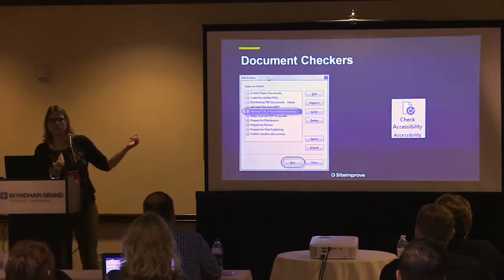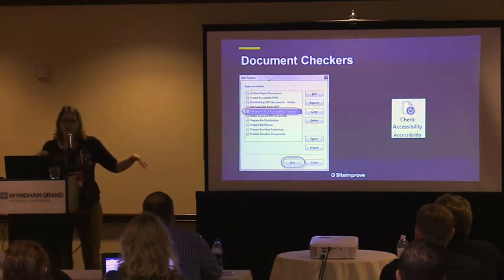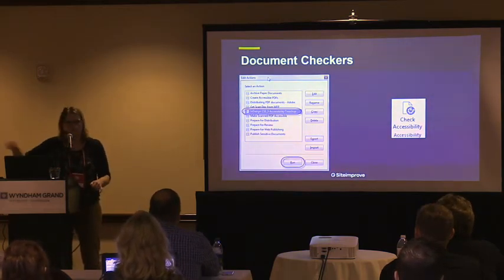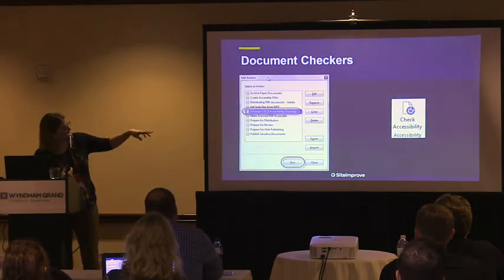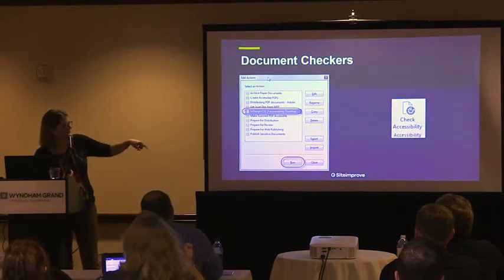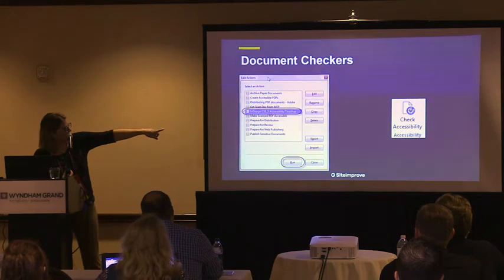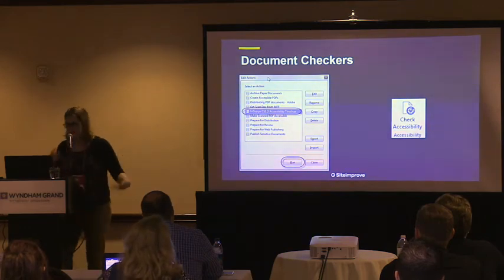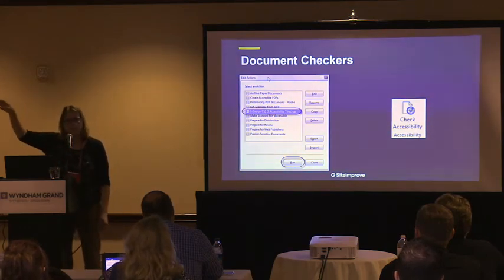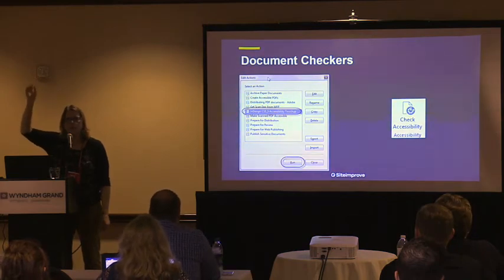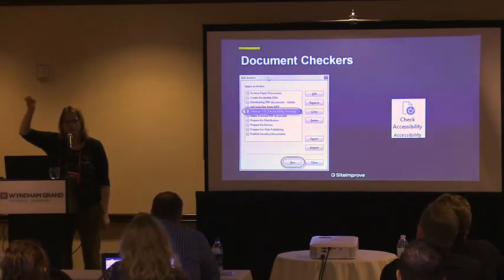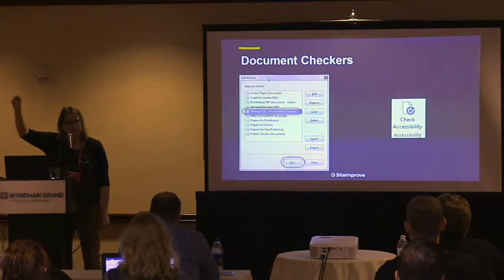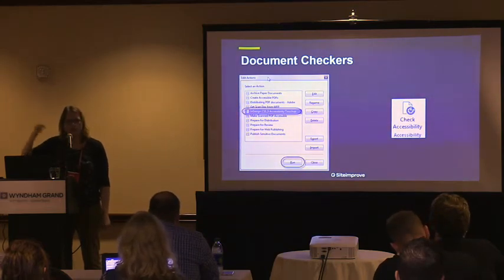So a lot of the things we just talked about, it's going to check for before you transfer it over into PDF. And all of the Microsoft Office products also have an accessibility checker. If it's not available in your ribbon, you can go to the help search and start typing the word accessibility, and the checker will come up and you can add it to your ribbon.